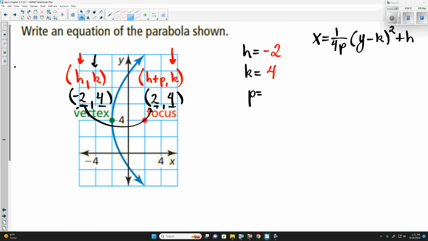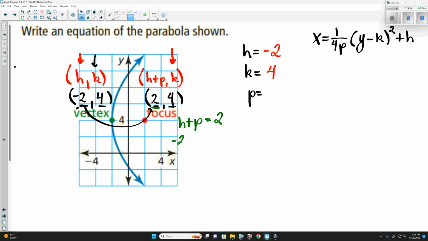The vertex is the point on the parabola that's going to be the maximum or minimum. Here we're talking about a maximum or minimum left to right. Now, we don't have the value p directly, but we know that h plus p is the focus value, so we have to solve for p. Now, what is the value of h?